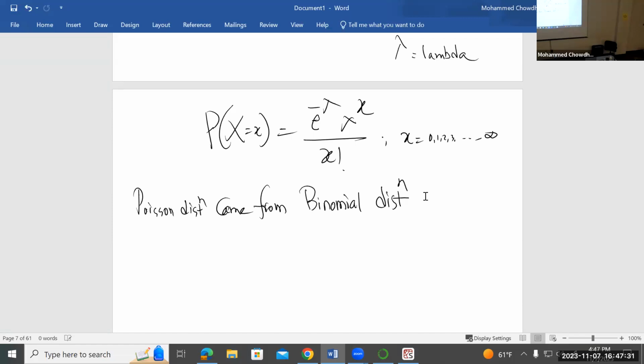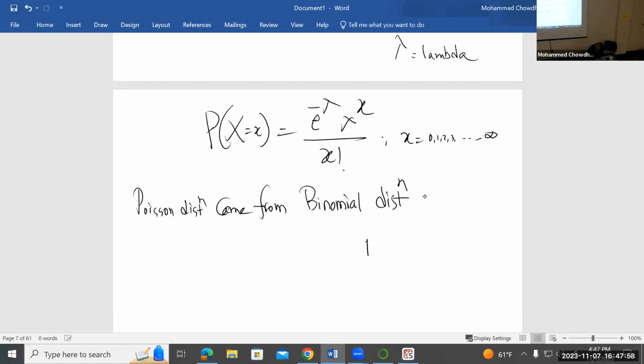Clear? You understand what I said? Even if you use all of your brain to understand this model intuitively by method of induction, that will not work. Because this model is a pure mathematical derivation that comes from the binomial distribution.